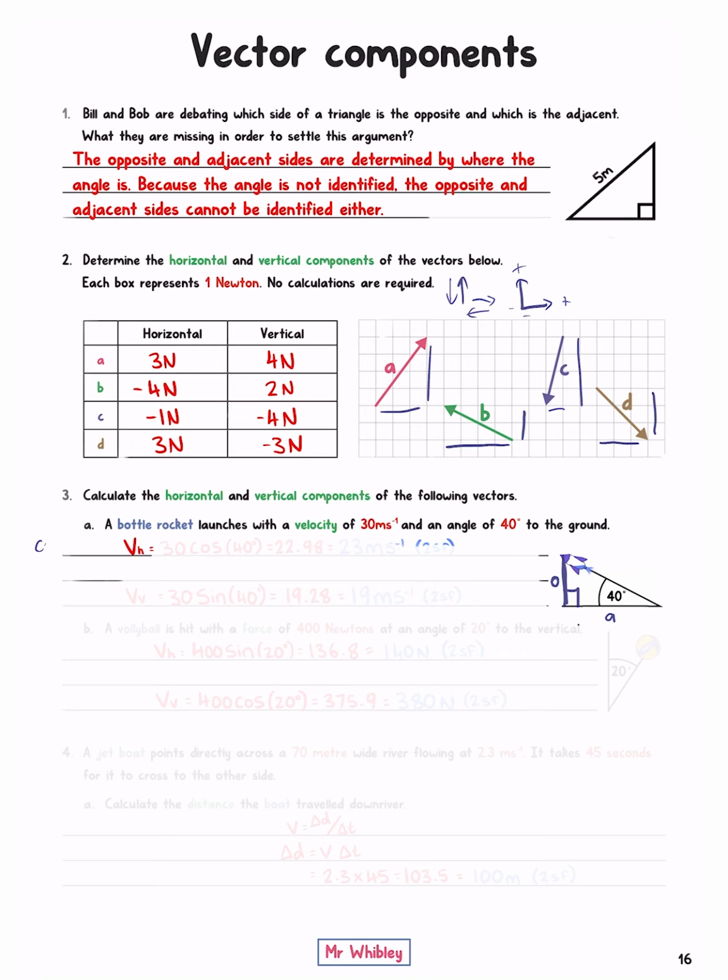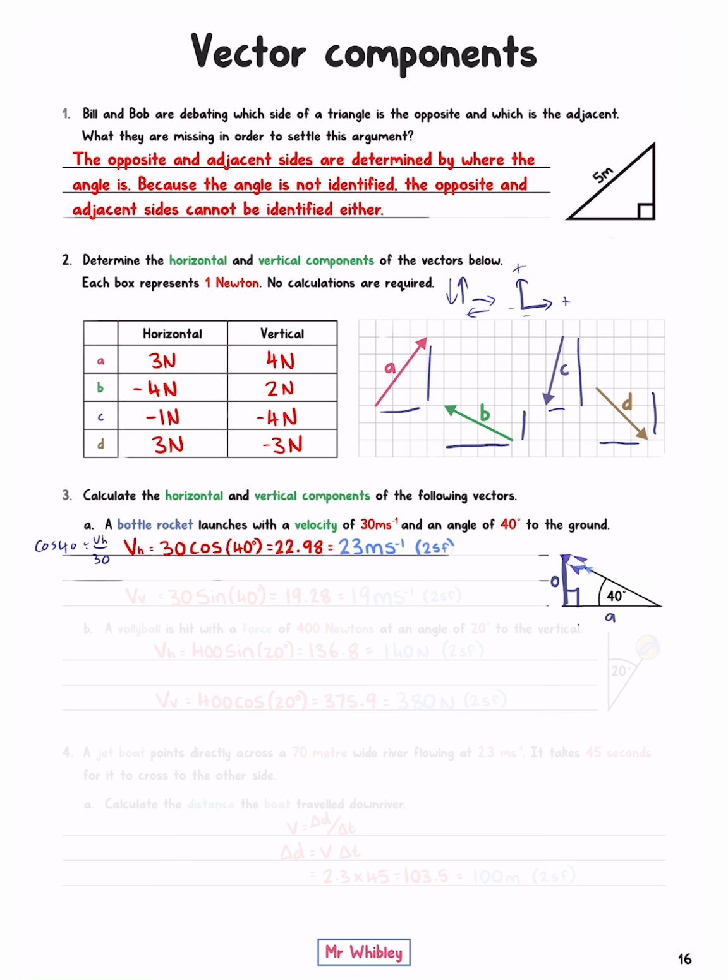That is that cosine of our 40 is going to be our adjacent over our hypotenuse, where our adjacent is VH and our hypotenuse is 30. Multiplying both sides by 30 gives us 30 cosine 40 degrees, which equals 22.98 or 23 meters per second to two significant figures.